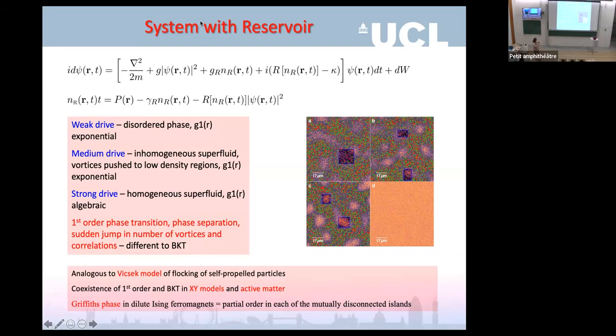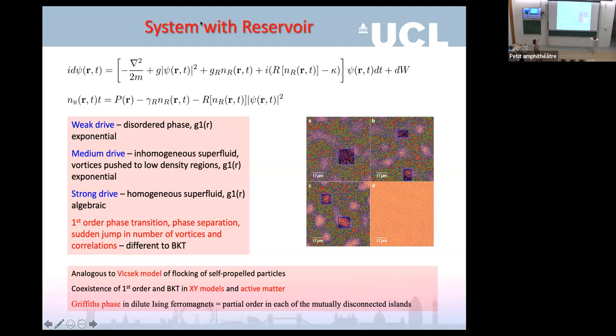And also coexistence of first order and BKT has been reported in the XY model and active matter, where you have an XY model a little bit more complicated than the usual XY model, where the interactions between spins are also angle dependent. You can also see that. So it seems that the presence of this incoherent reservoir is introducing physics which is quite similar to, let's say, the XY model with theta-dependent interactions or the active matter type of interaction.